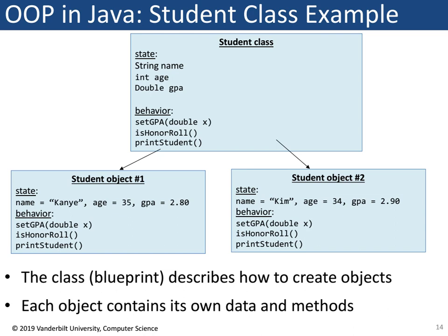So we could have one with the name Kanye, age 35, and GPA 2.8, and the methods, which are part of the class. But we could have another instance, which is Kim, age 34, and GPA 2.9, with the same member methods, but different member instance variables.